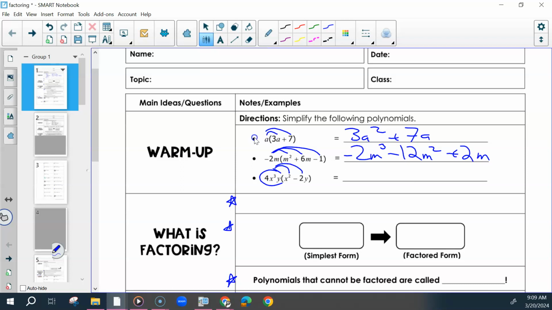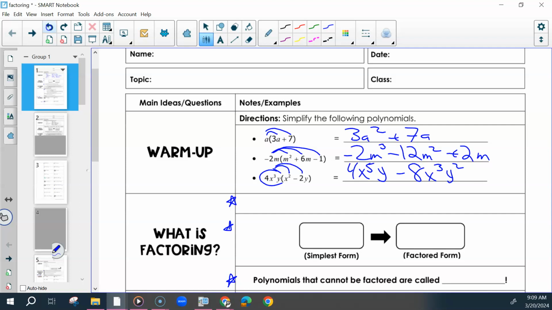What would that give us? x to the fifth power y minus 8x cubed y squared.